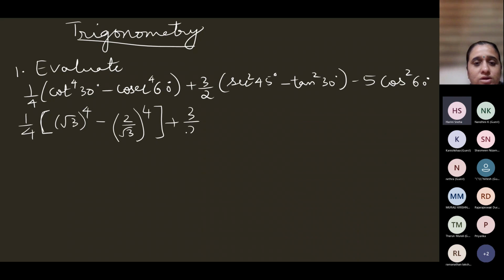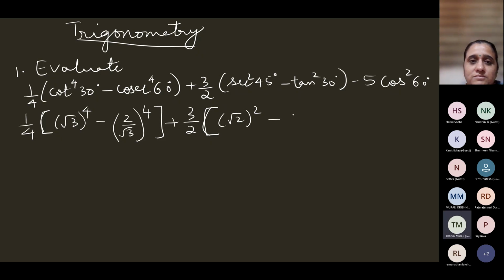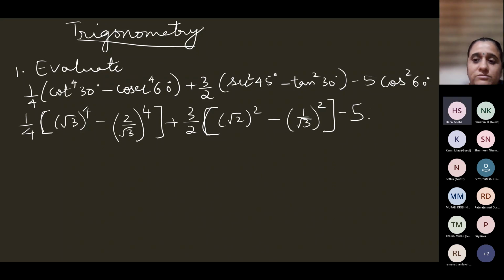Plus 3 by 2 into secant square 45. Root 2. Very good. Tan 30. 1 by root 3. Cos 60. 1 by 2. Okay, so this is 1 by 4.